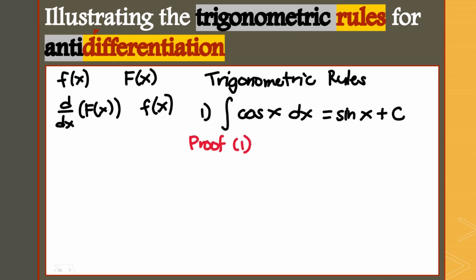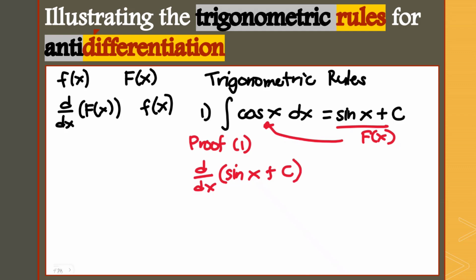As mentioned, I will be presenting the 6 basic rules for antidifferentiation. If we take the derivative of this function, it should return to the original function for that rule to be true. So we have the derivative of sine x plus c; will it return cosine? Let's start by applying the sum and difference rules. You have the derivative of sine x plus the derivative of c.